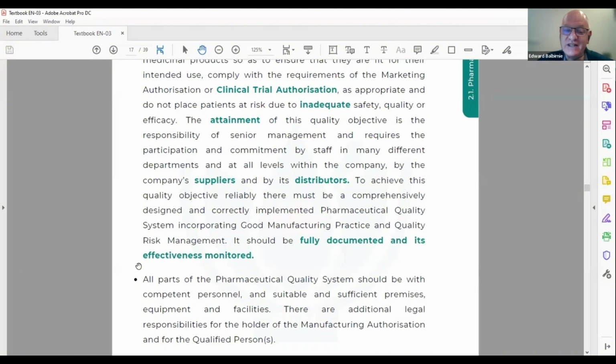So that would demonstrate that it works, or it's effective. So you need lots of procedures to describe everything, and you need to demonstrate on a regular basis. For internal audits, you would do it at least once a year. For CAPAs, you might do it after 3 or 6 months. So they're really the two big requirements: document it and prove that it works.